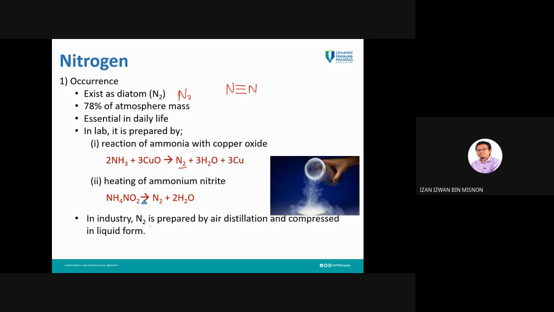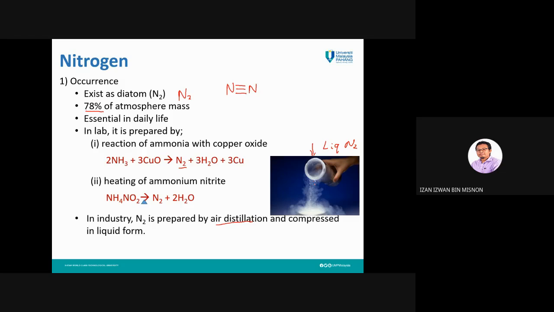So in industry, nitrogen is prepared by air distillation and compressed into liquid form. Since in our atmosphere, we have 78% of nitrogen, we can collect the nitrogen gas from the atmosphere by air distillation. So this is an example of liquid nitrogen. The nitrogen in air is compressed into liquid form.